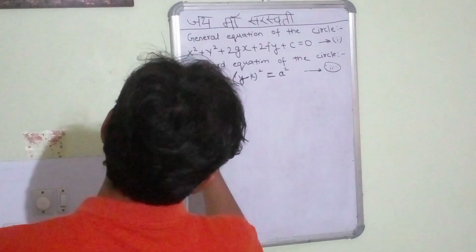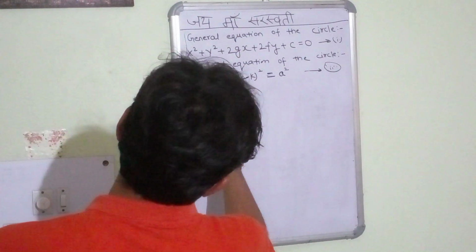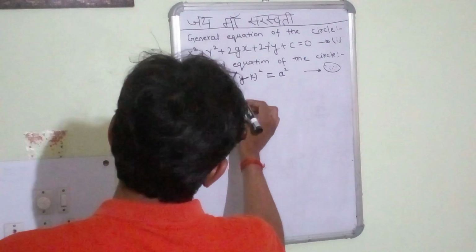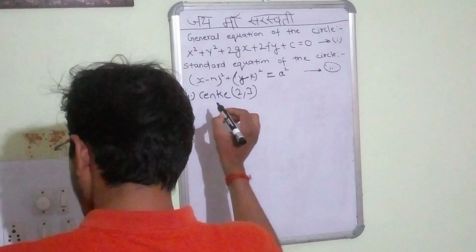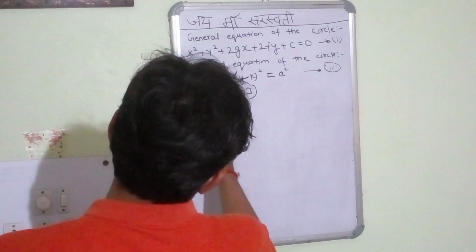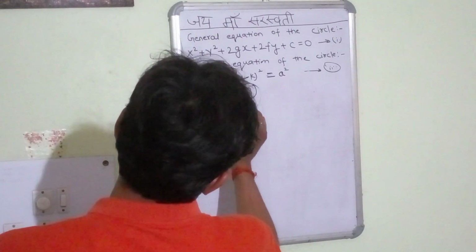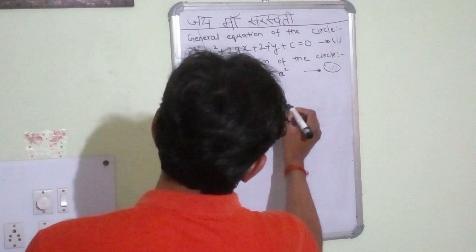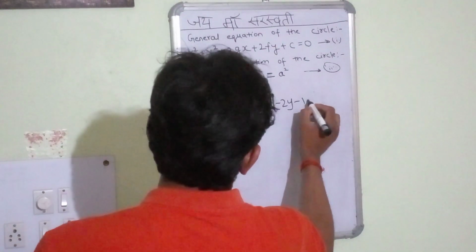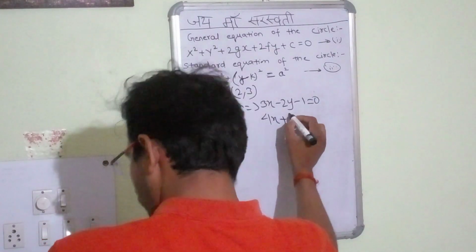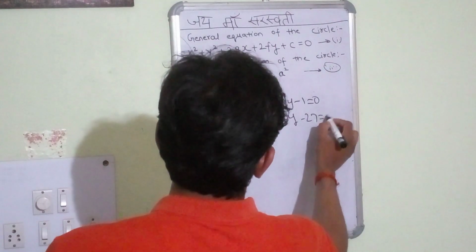Suppose the center of a particular circle is given as 2, 3, and the intersection is given: 3x minus 2y minus 1 is equal to 0, and 4x plus y minus 27 is equal to 0.